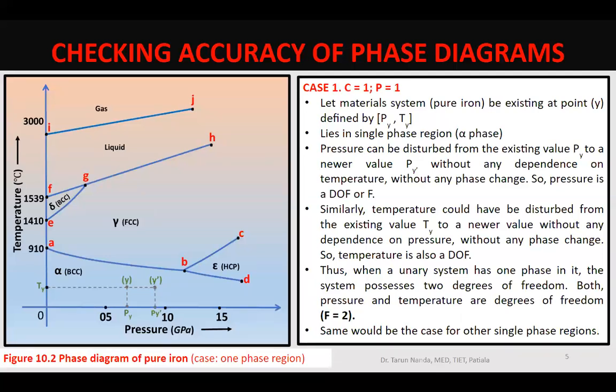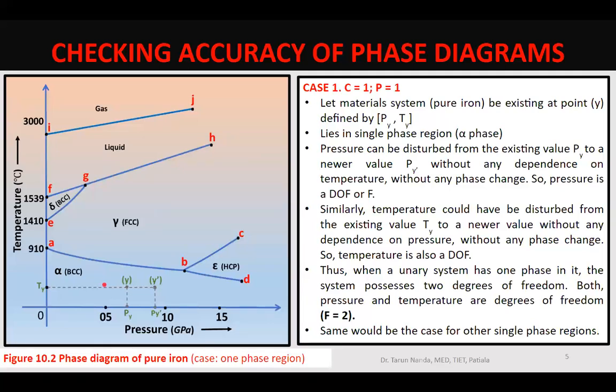You remember that when we discussed degrees of freedom in one of the earlier sessions, we discovered that in this single phase region, I can change the pressure independently, I could have changed the temperature independently. Both are acting as independent variables which can be varied and would bring about no phase changes. So both are degrees of freedom. So the answer for degrees of freedom, which comes from the diagram for this region, is 2.